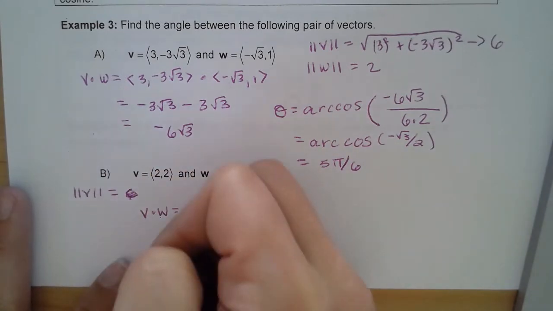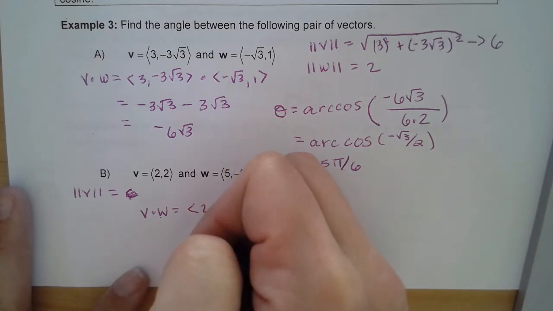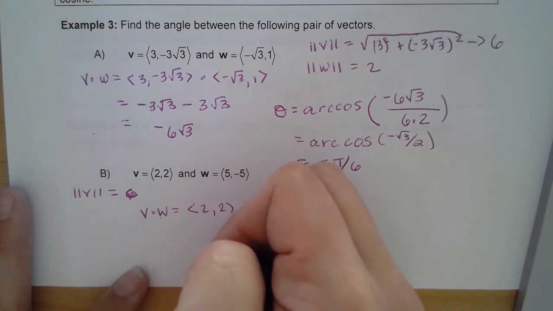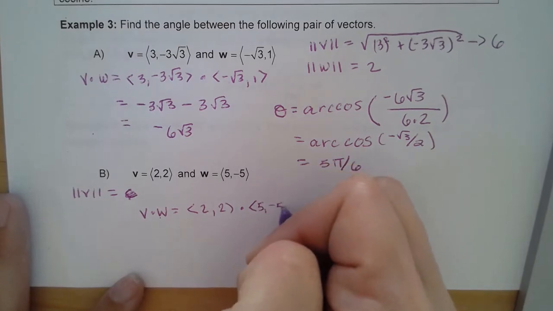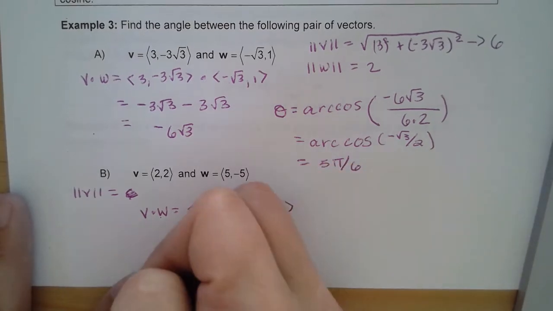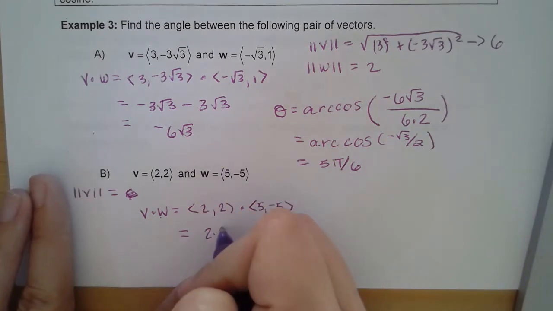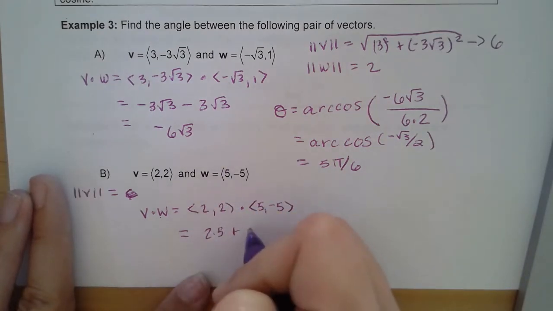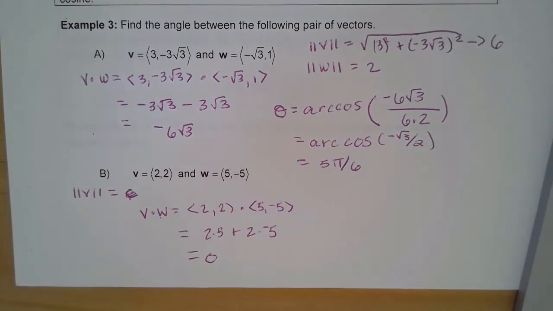And if you look, the dot product, 2 times 5, negative 5, that gets us 2 times 5 plus 2 times negative 5, which equals 0. Okay, and this is why I did the dot product first, and this is why I confused myself.